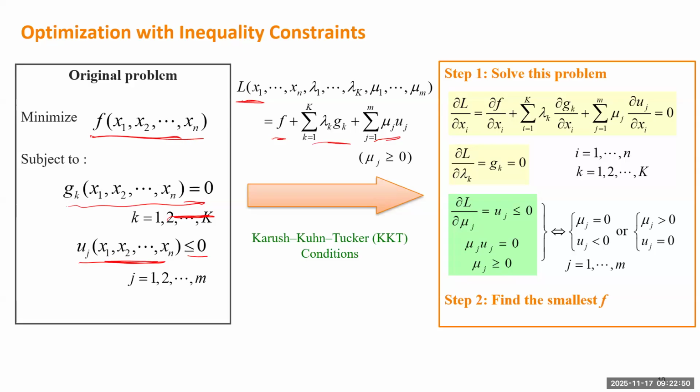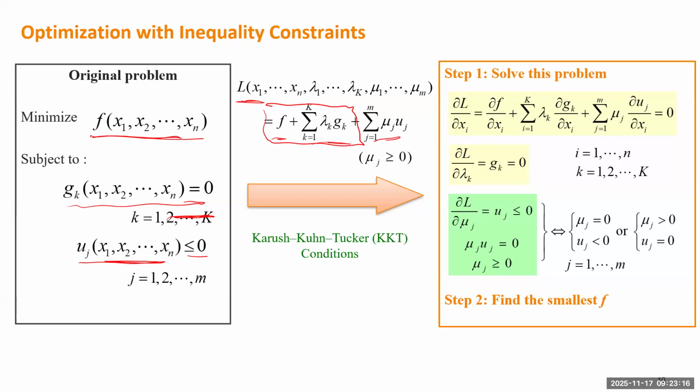If we only have the cost itself together with equality constraints, this is very simple. We just find the stationary points of L by calculating partial L partial x and partial L partial lambda. Then we check the cost value at each point to find which is the smallest one.